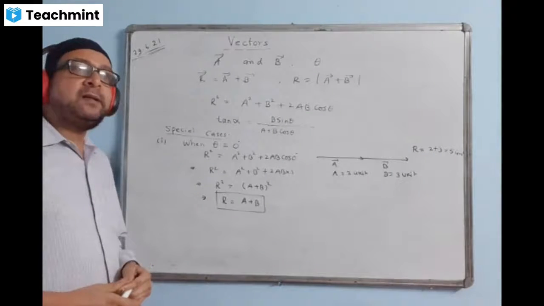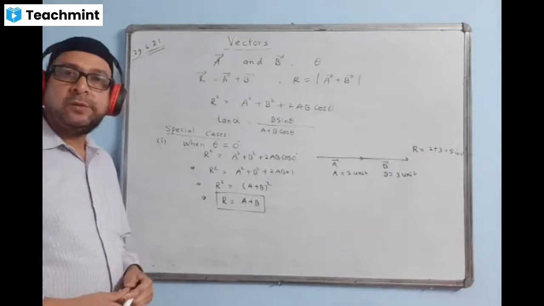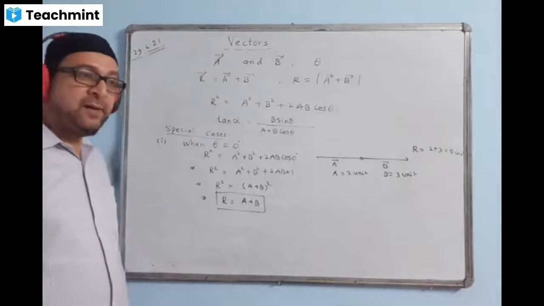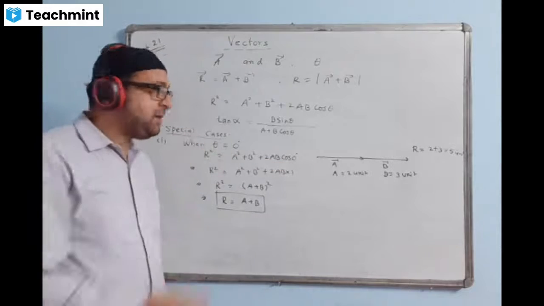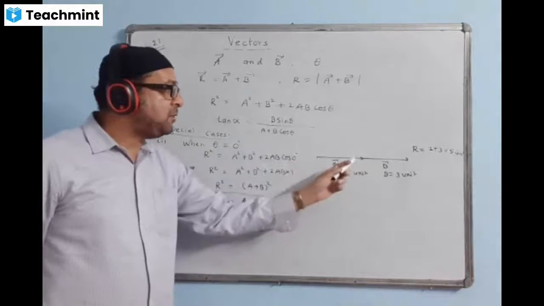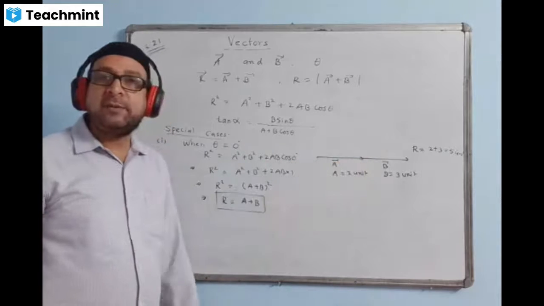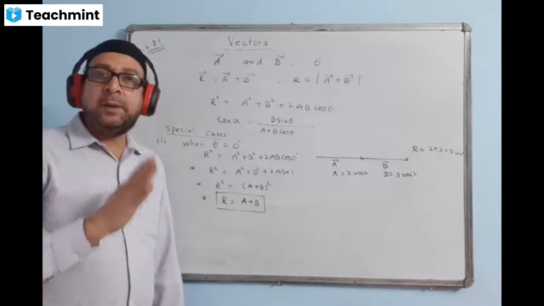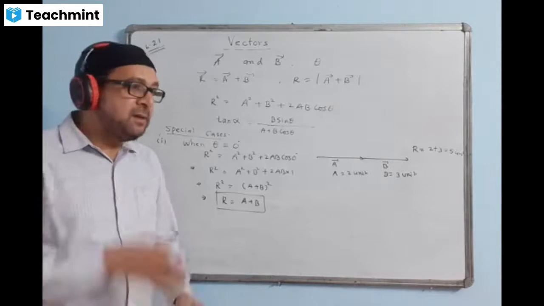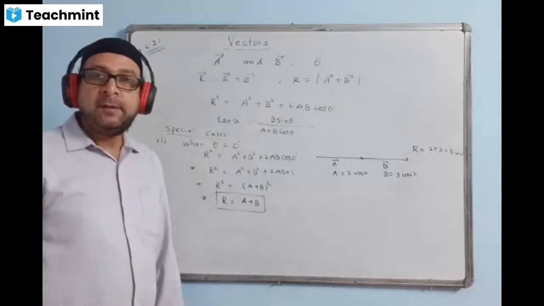That means two vectors can be added simply also. When can we add their magnitude simply? When both the vectors act in the same direction, because the angle between them is 0 degree. There is no angle between them. So two vectors can be added simply only when they are in the same direction.